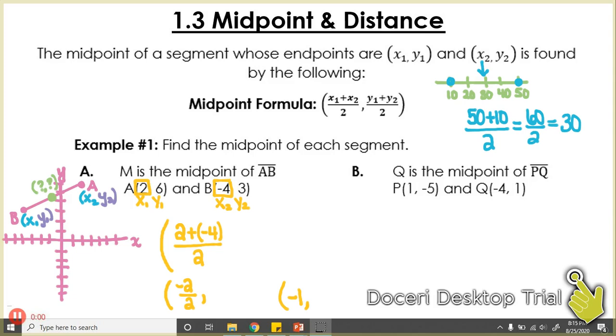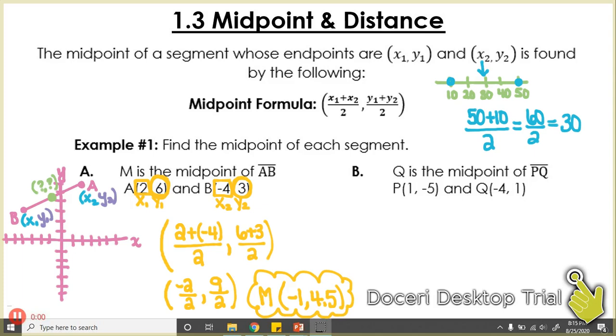Then I have to do the same thing with my y values. I am going to add 6 and 3 together, and then divide that by 2. Well, 6 plus 3 is 9, and if I take 9 and divide it by 2, I get 4.5. So my midpoint, M, is at -1, 4.5.